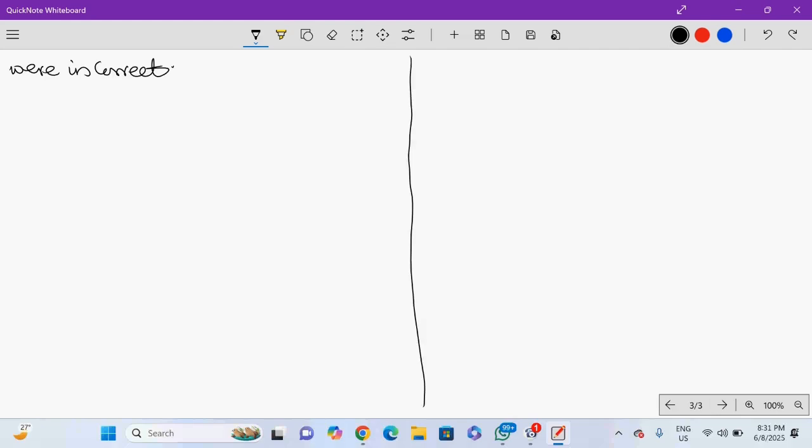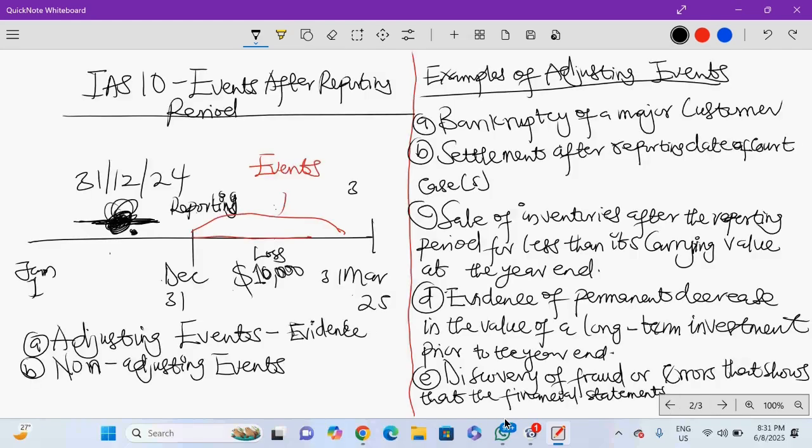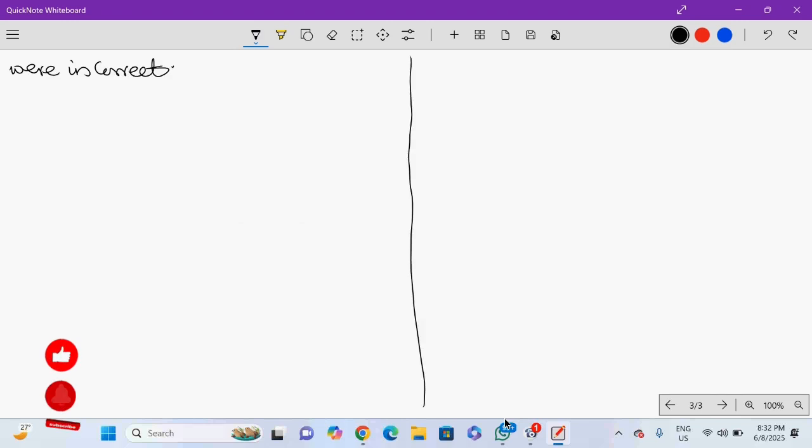So these are basically some examples of adjusting events, right? So bankruptcy, or let's say insolvency of a major customer.